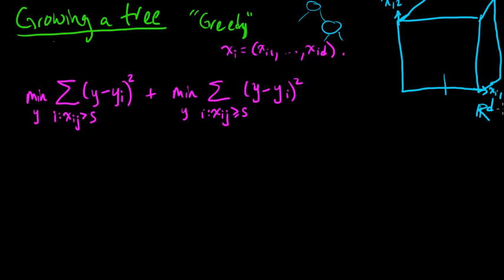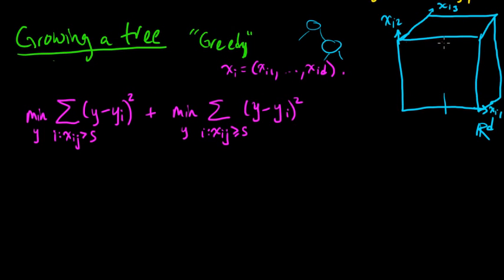So if, for example, j was 1 and s was whatever this quantity is here, then we would split along here and get this region where it's less than or equal to. We would choose the y to minimize our error in this part, and then for this other part we would choose the y to minimize our error there.